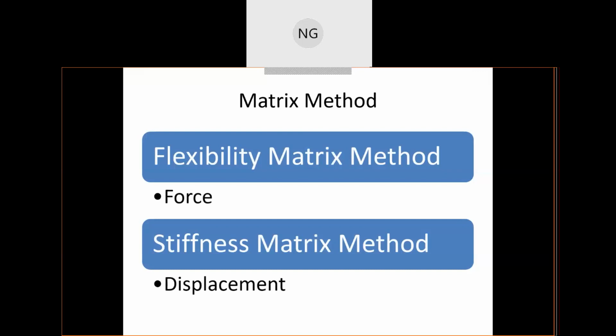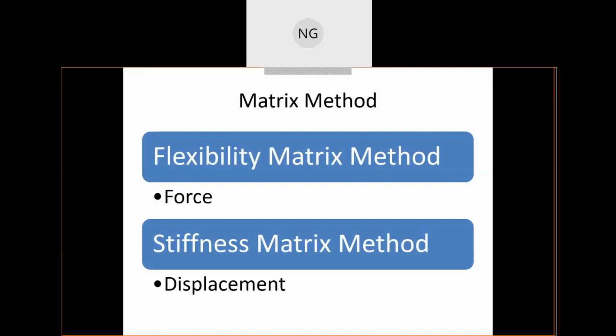The flexibility matrix method is also called the force method or compatibility method. The stiffness matrix method is also called the displacement method. In the flexibility matrix method, the main aim is to find out the forces.